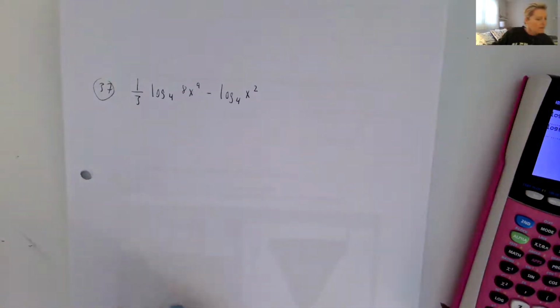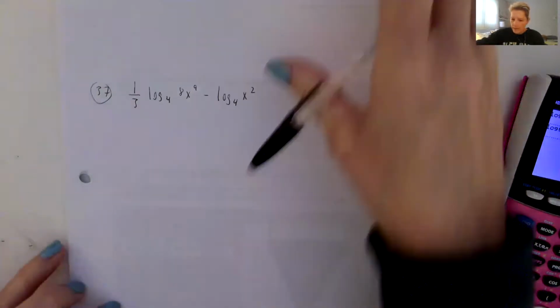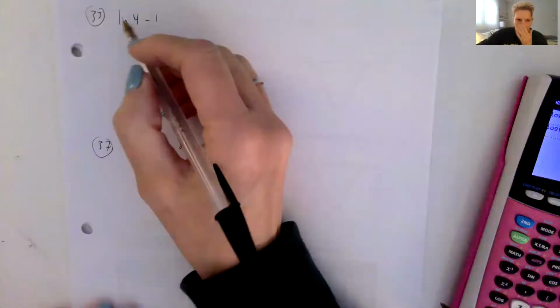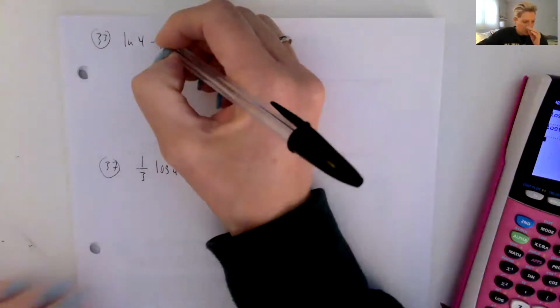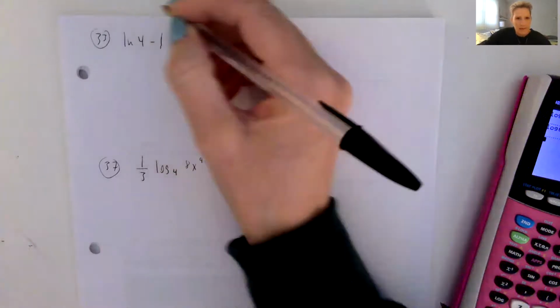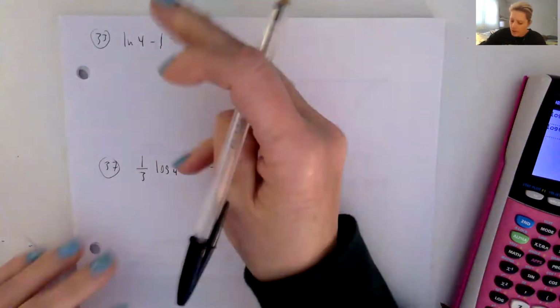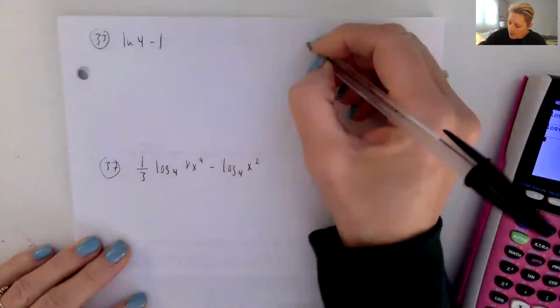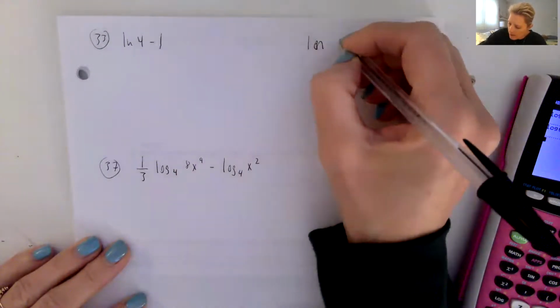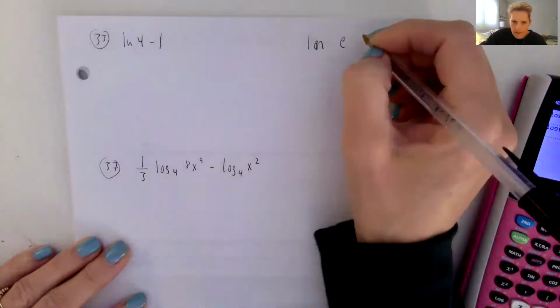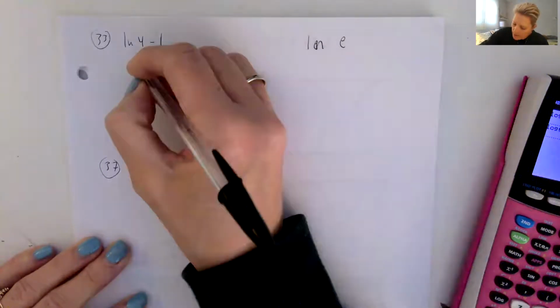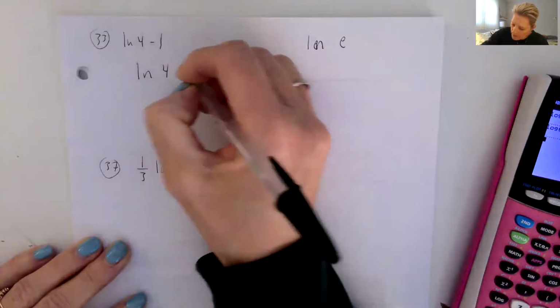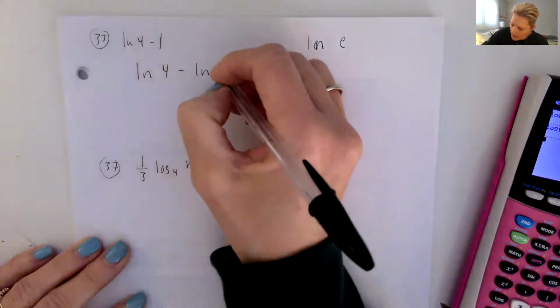Okay, let's look at 33. So 33 is saying we have the natural log of 4 minus 1, and we want to put this together as one natural log. So to get to a 1, we would have to have the natural log of e. So this could be the natural log of 4 minus the natural log of e.